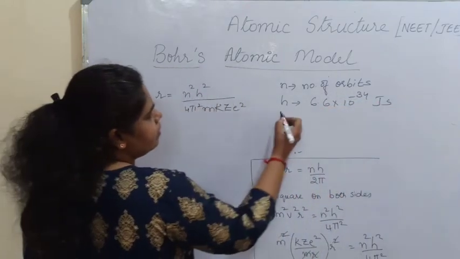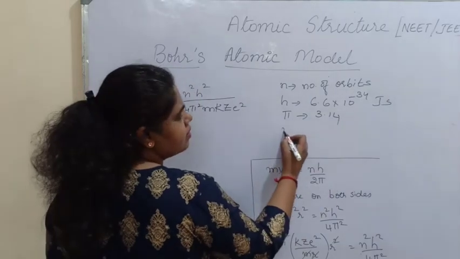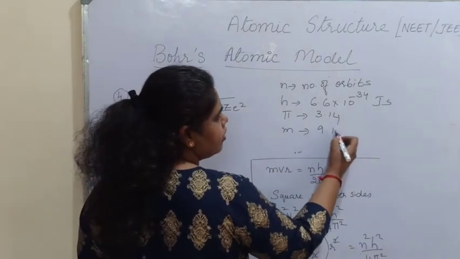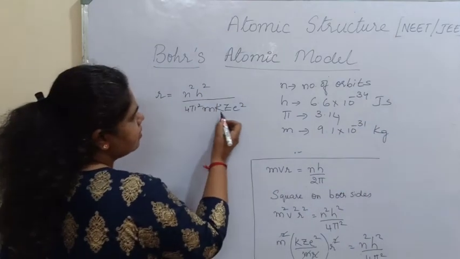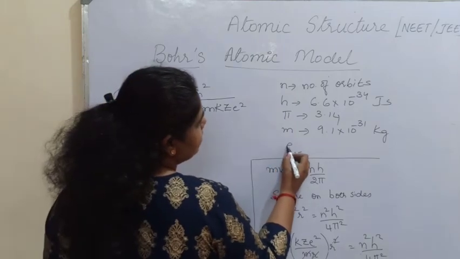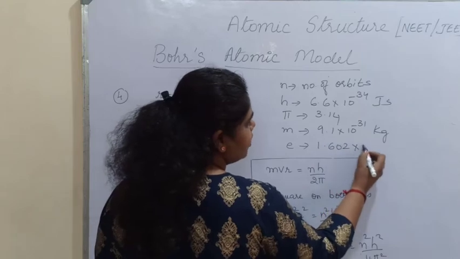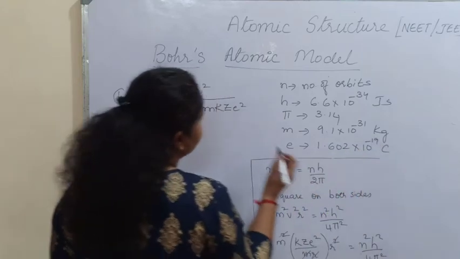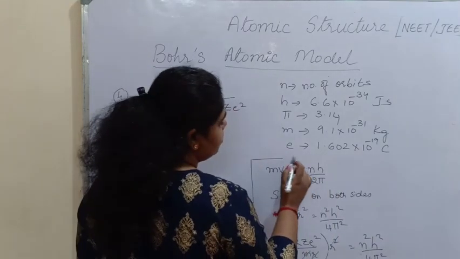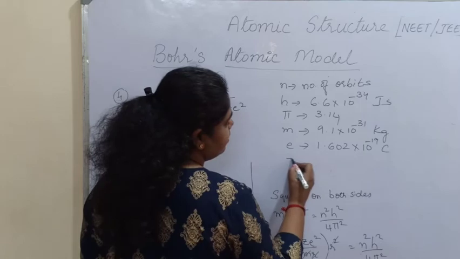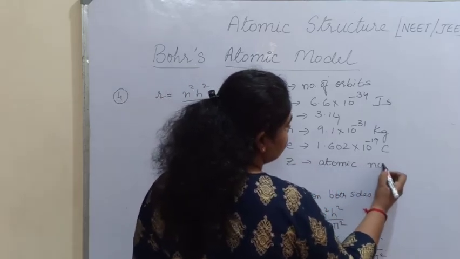Pi is a constant, 3.14. m is the mass of the electron, which is 9.1 into 10 to the power of minus 31 kg. e is the charge of the electron, 1.602 into 10 to the power of minus 19 coulomb. And Z is the atomic number.